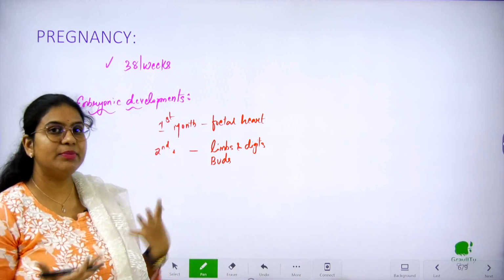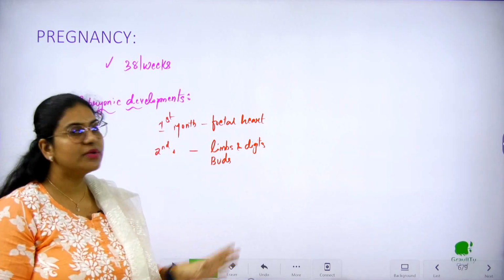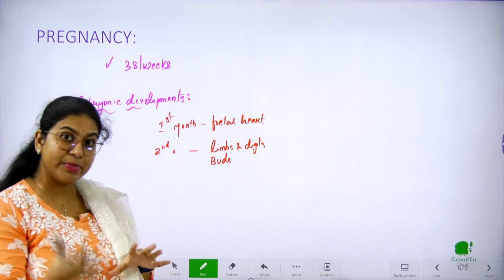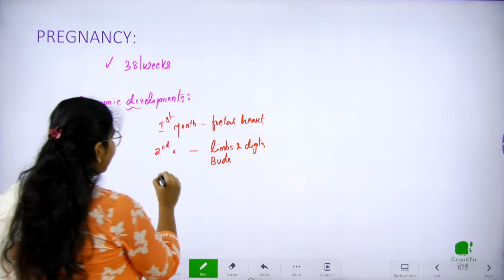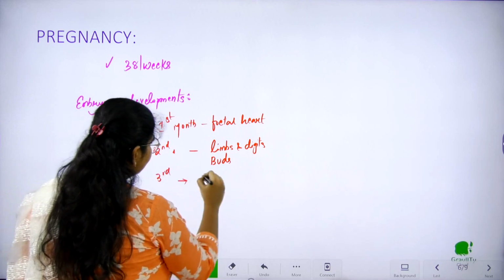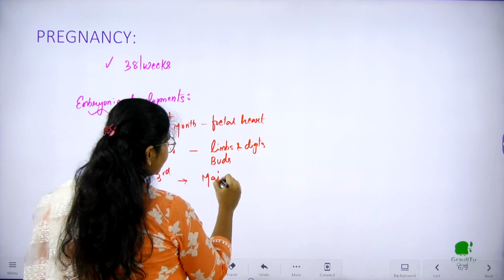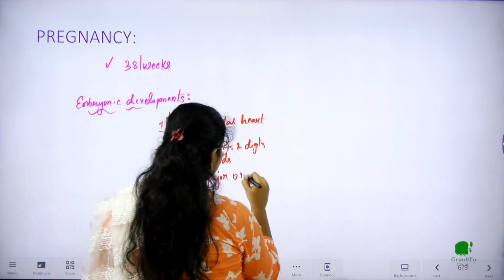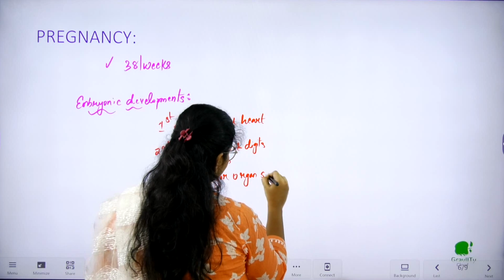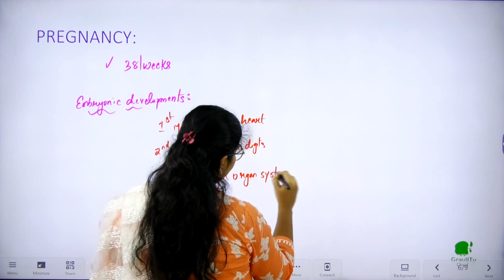You call them limb buds. And tiny digits will also start forming from the limb buds itself. Digits means fingers. By the end of the third month, major organ systems like the excretory system begin to form. Major organ systems are formed.